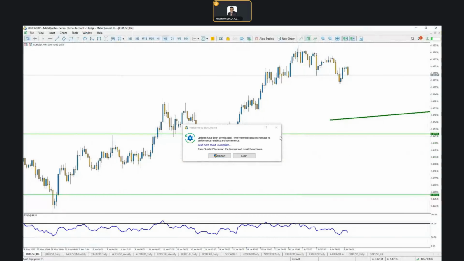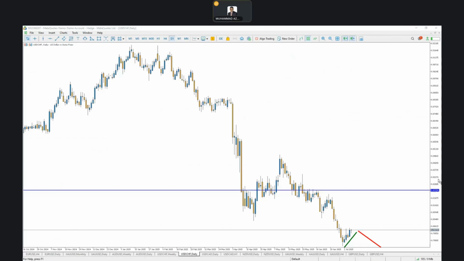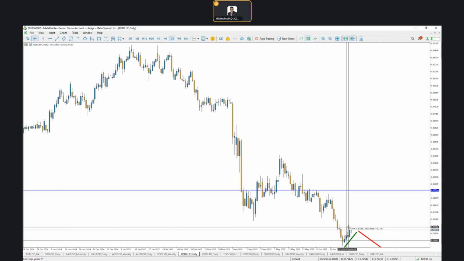Let me show you the chart of US dollar Swiss franc. Go over here. This is the chart of US dollar Swiss franc. So on July 3rd, right over here, we got a bullish price action overall in US dollar Swiss franc.